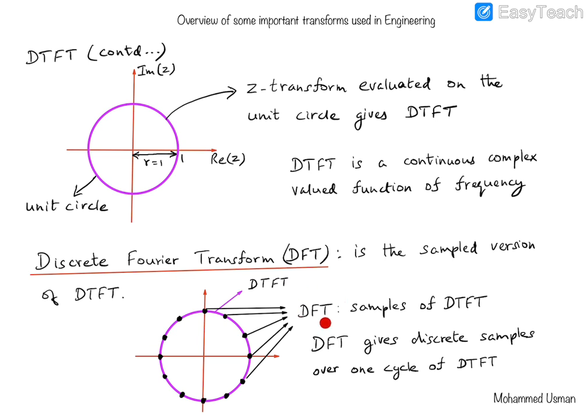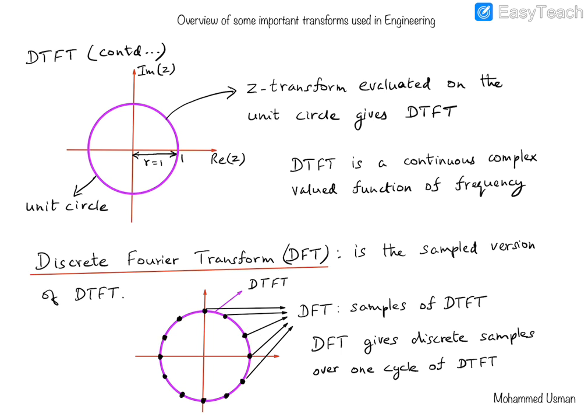So basically, the DFT is nothing but samples of the DTFT, and the samples are taken only along one cycle of the DTFT, because the DTFT is periodic, and it repeats over integer multiples of the period, which is 2 pi. But the DFT will take the values only over one cycle of the DTFT.